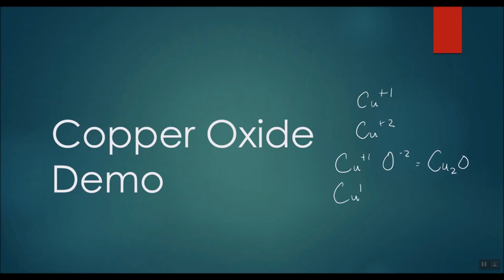If it's copper +2, it's going to be CuO. So the question is, the copper oxide that we're going to produce, is it cupric oxide, copper 2, or is it cuprous oxide, copper 1? Let's find out.